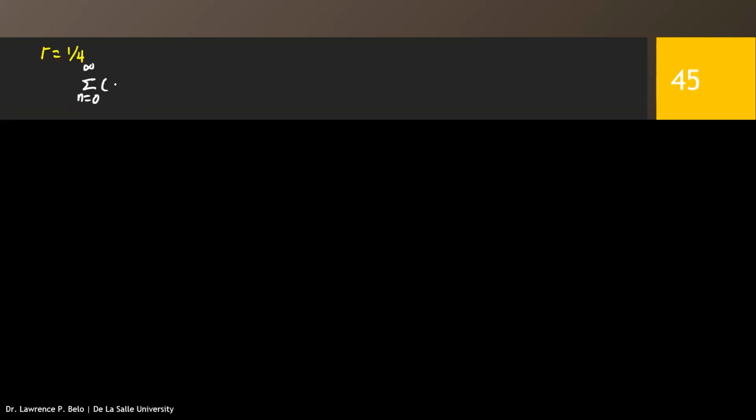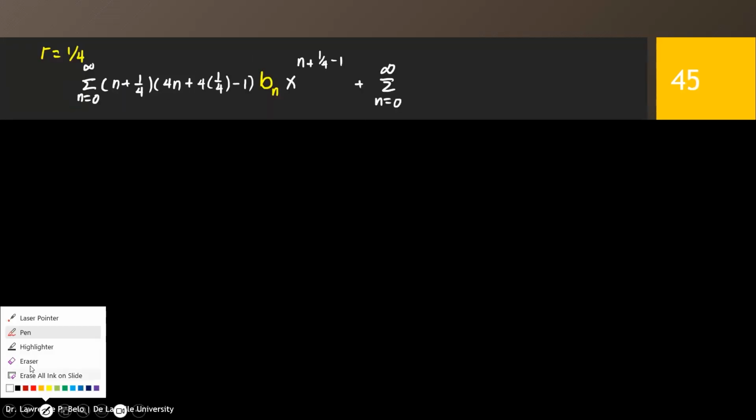So n plus r gives us n plus 1/4, 4n plus 4r, so 4n plus 4r minus 1. And then, as opposed to using a sub n, let's just use b sub n in here because we've already used a sub n in the previous initial root. This is x to the n plus r minus 1, plus the summation from n equals 0 to infinity.